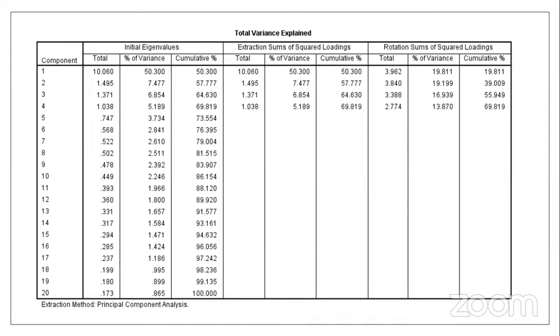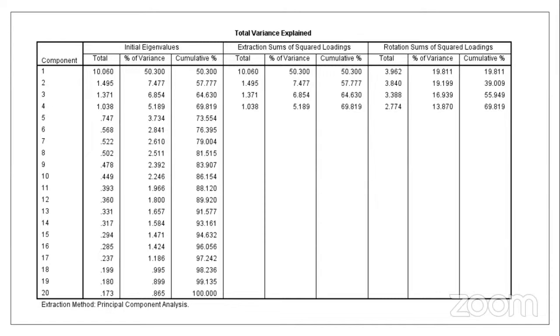Now, since we specified that you extract only those components which have an eigenvalue more than 1, that's why we are getting 4 components extracted.